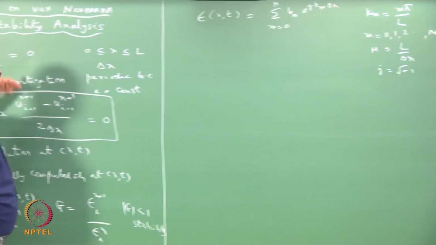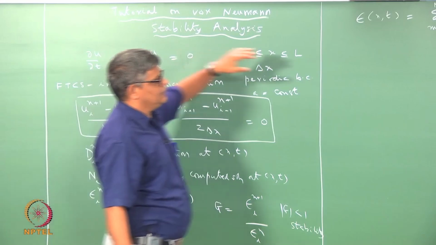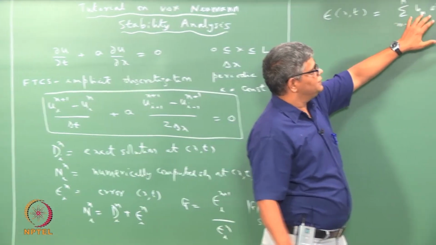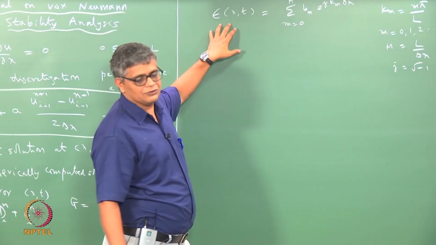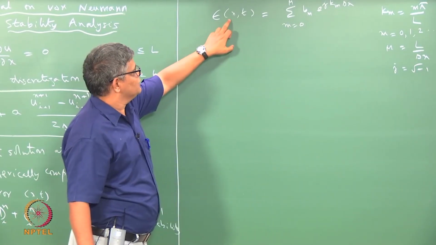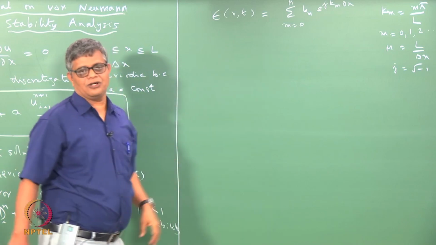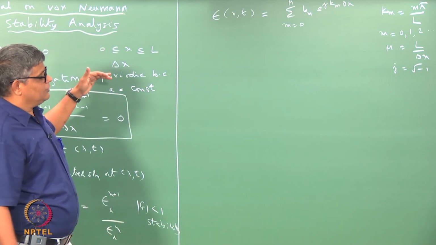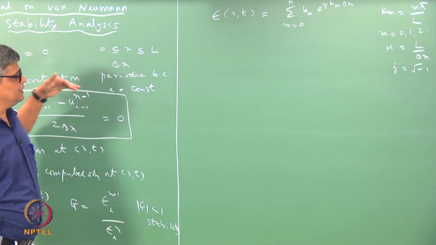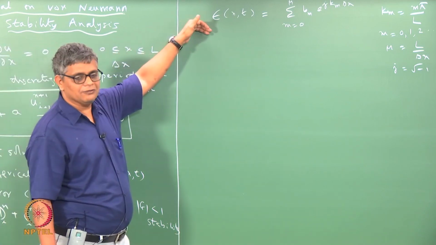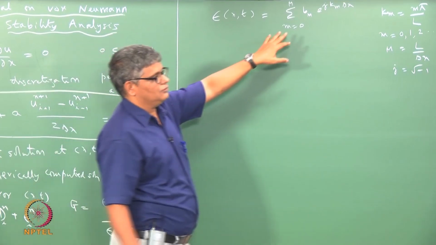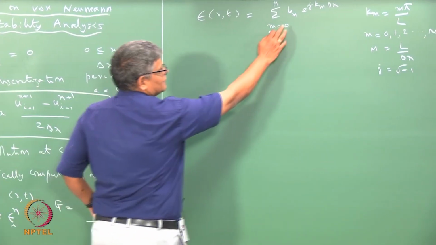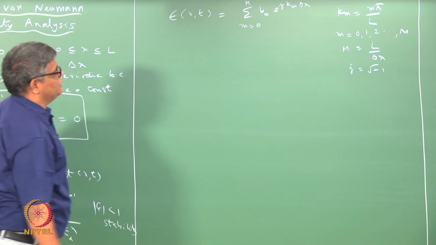And because we are looking at a linear equation, the contribution of each of these Fourier components can be added at any time to give the total error at a particular spatial and temporal location. Because this superposition principle is possible, to look at the evolution of the error we can take any particular wave component and investigate the stability condition.